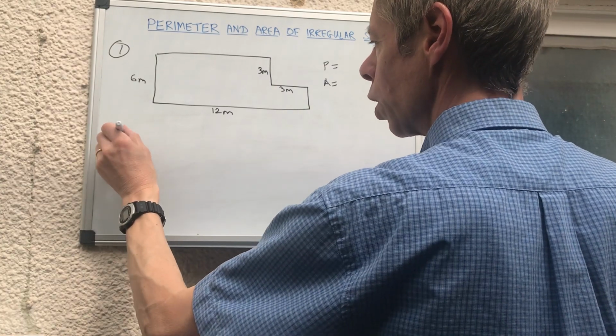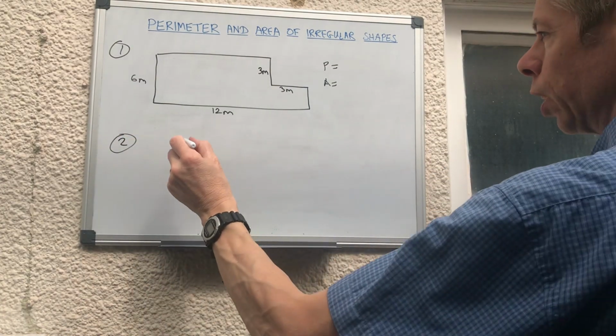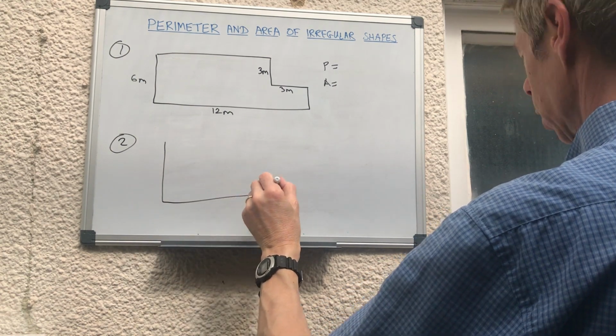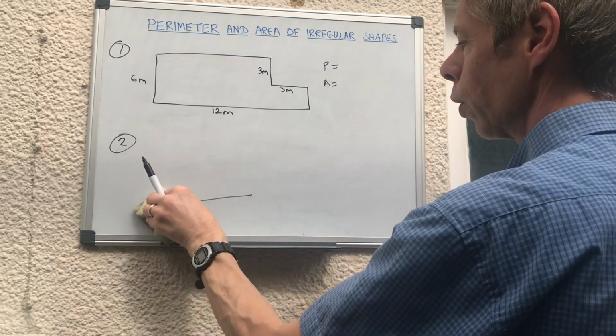Okay, so what about shape 2? It's a bit of a weird one, this. Yeah, it's very weird, according to my drawing.